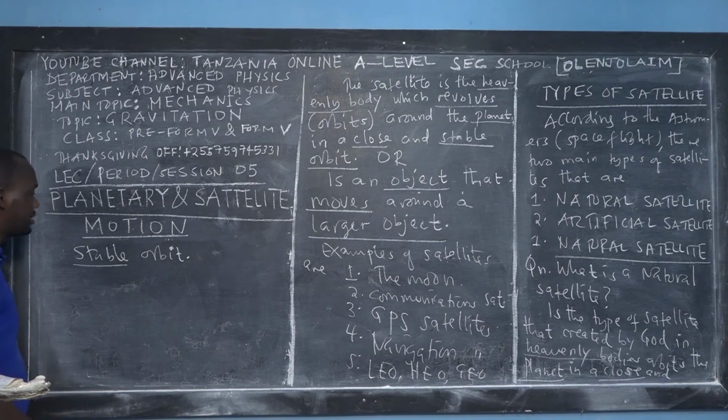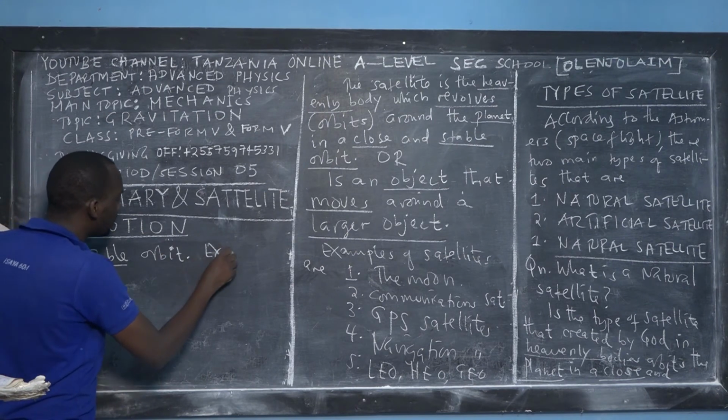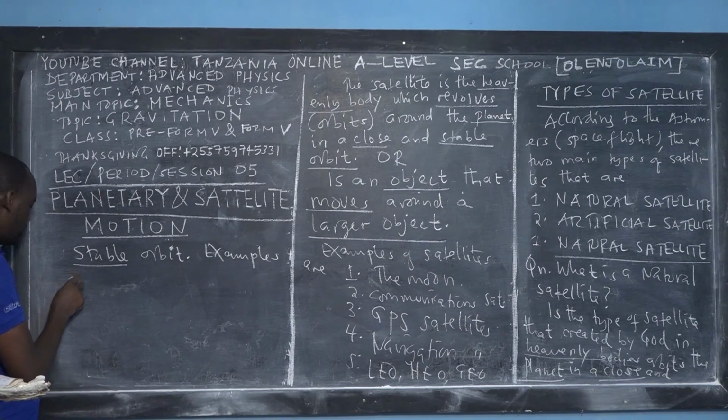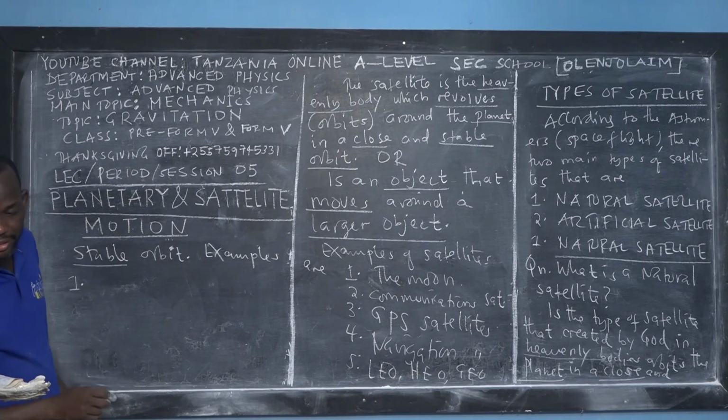Examples of natural satellites: we have three examples.